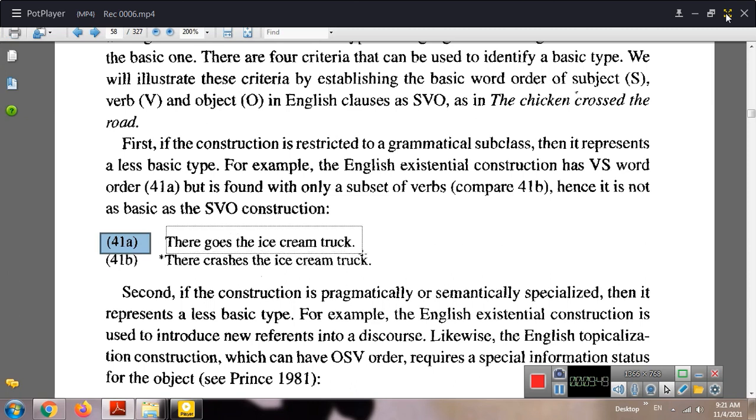So here we have: there goes the ice cream truck. At first we have verb, then we have subject. It is against the English common and basic word order, which is subject, verb, object. Here we have verb, subject. And again, there crashes the ice cream truck.